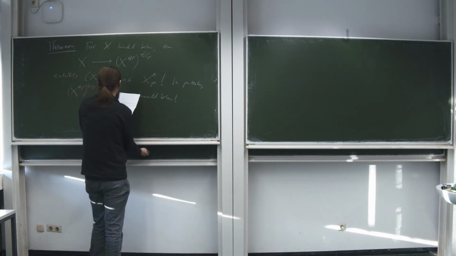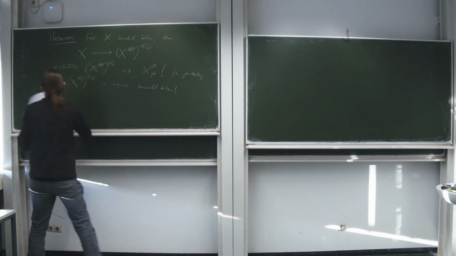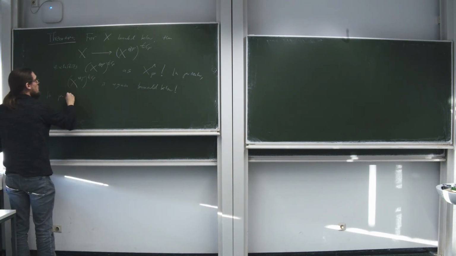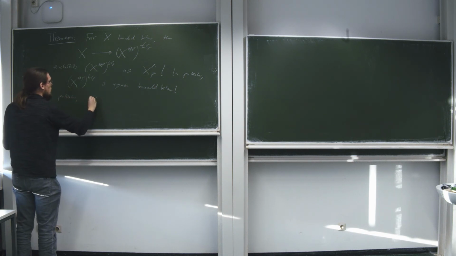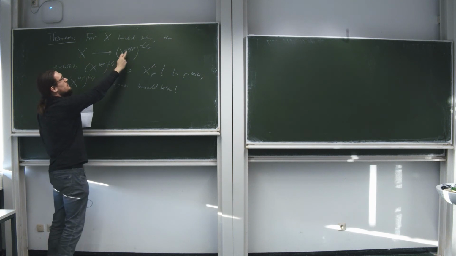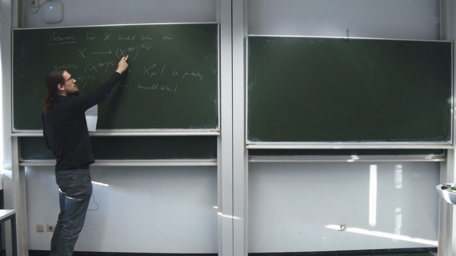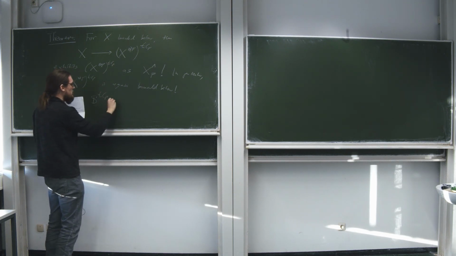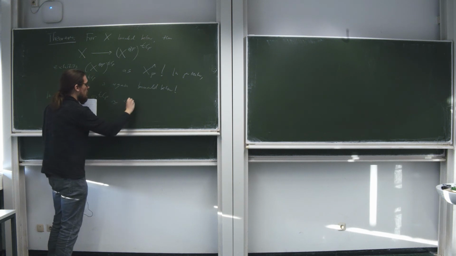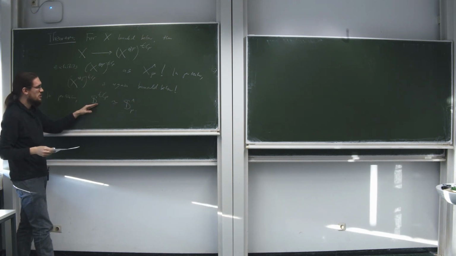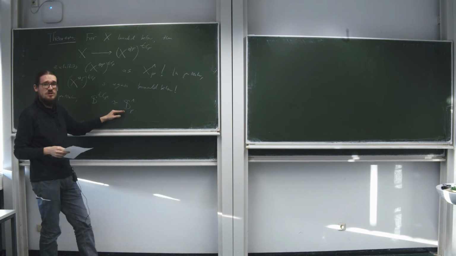And so in particular, if you take the sphere, then this tensor power here is the sphere with the trivial action, as we've noted earlier. So if you take Tate C_p on that, you're seeing that the Tate construction on the sphere is just the p-completion of the sphere.